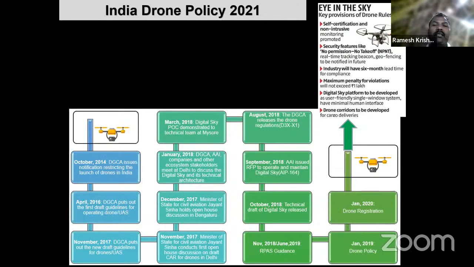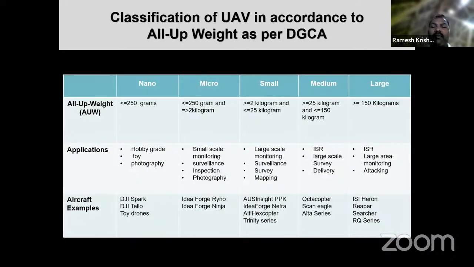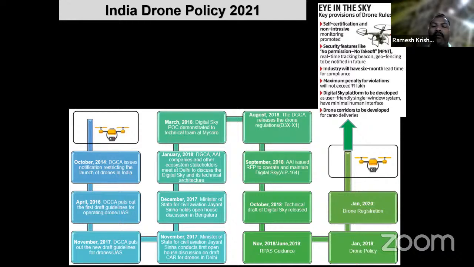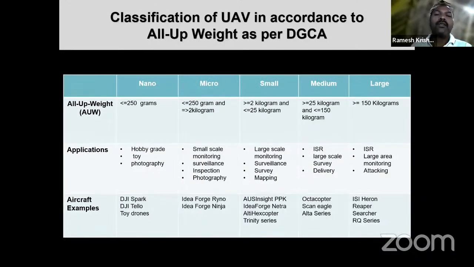And you can see this entire chronology of events, starting with the DGCA restricting drone usage and going all the way up to providing the policy. Coming back to these weight classes, the Directorate General of Civil Aviation has classified drones into these categories: nano, micro, small, medium, large, based on the weight classes.